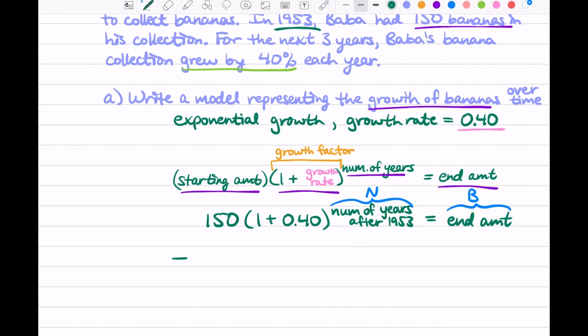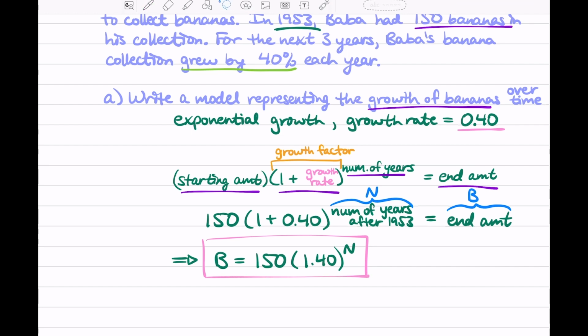So writing this equation with b first, we'll have b equals 150 times, and 1 plus 0.40 is 1.40, and we raise that to the nth power. So now we have a model where we just plug in the number of years that the collection grows, and we'll get a total number of bananas.